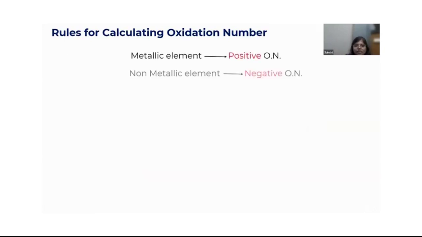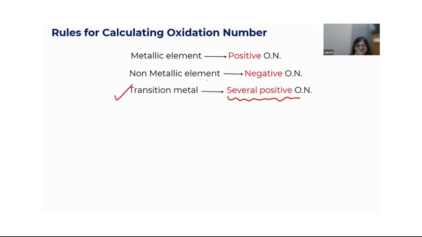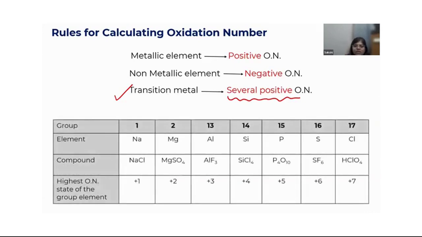Okay. So, usually metallic elements have a positive oxidation number. Non-metallic elements have a negative oxidation number. Transition elements have several positive oxidation numbers. You will study this in detail in class 12th, in the chapter on d and f block elements, where we'll study why transition elements have a variety of oxidation states. See, sodium is in group 1, so it has +1, right?